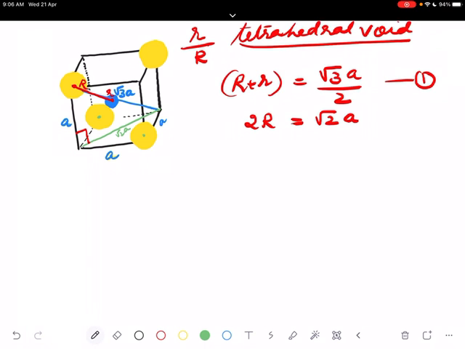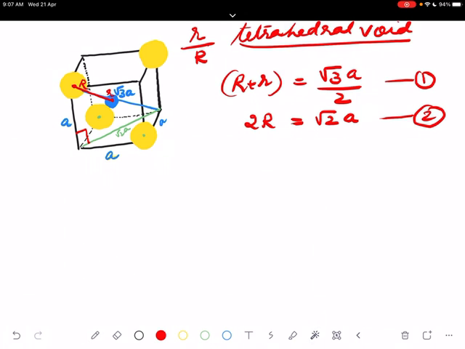The face diagonal is root 2a. So I have got two equations. One is R plus r is equal to root 3a by 2. And the second is 2R. 2R means these two yellow balls are touching.